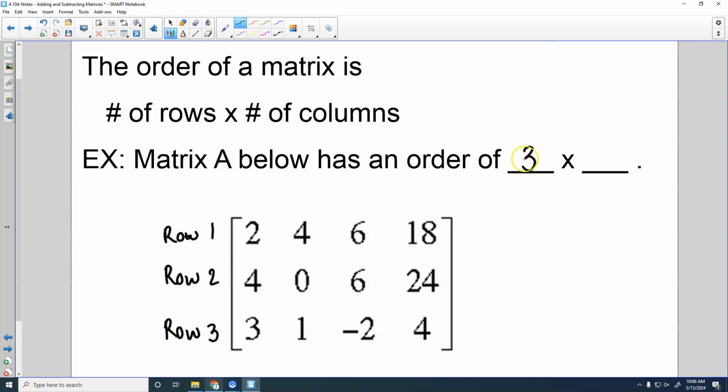So, we've got 3 rows. So, our order, first number would be 3. And this would be column 1, column 2, column 3, column 4. So, rows and columns. Rows always come first, columns always come second.